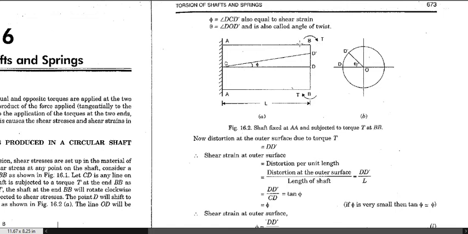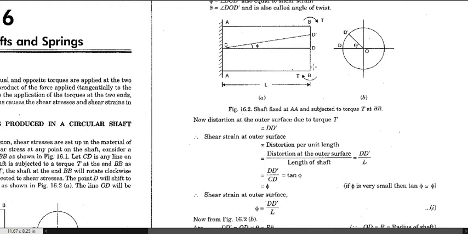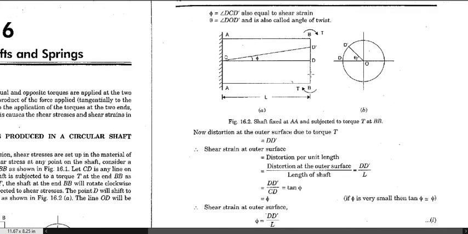As a result, this outer fiber twists by a certain angle phi, and in the cross sectional view it is denoted by theta, and the outer fiber has been twisted by a distance dd dash. Since we indicate shear strain by the notation phi, as we have seen in our first unit, we use phi for that.